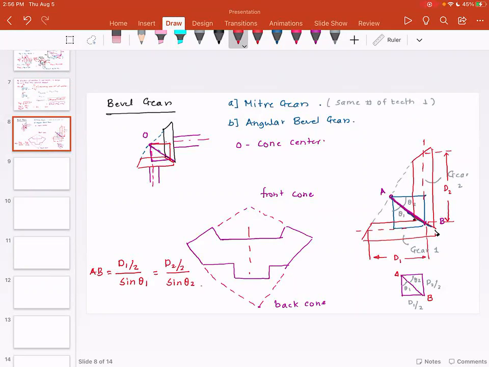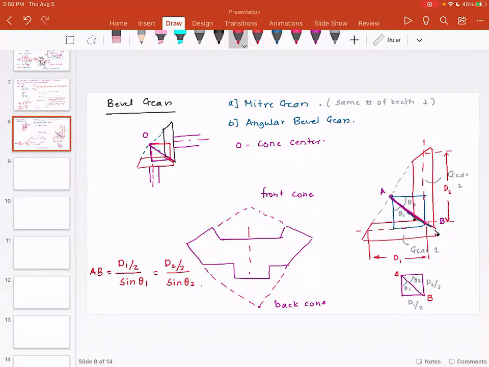So this is an important relationship that I want you to remember. Based on the geometry, this condition for the semicone angle needs to be satisfied.